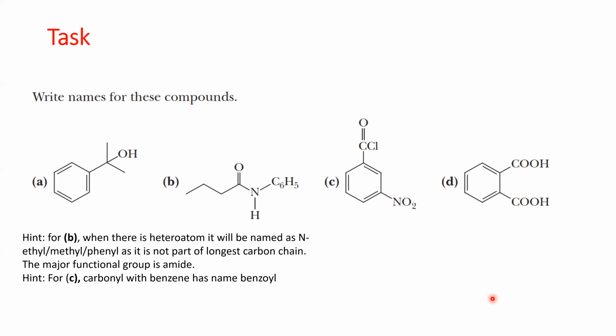So here there is a hint for the second and the C, because this was a little bit tricky and challenging for you if you have just started naming benzene derivatives or benzene based structures.